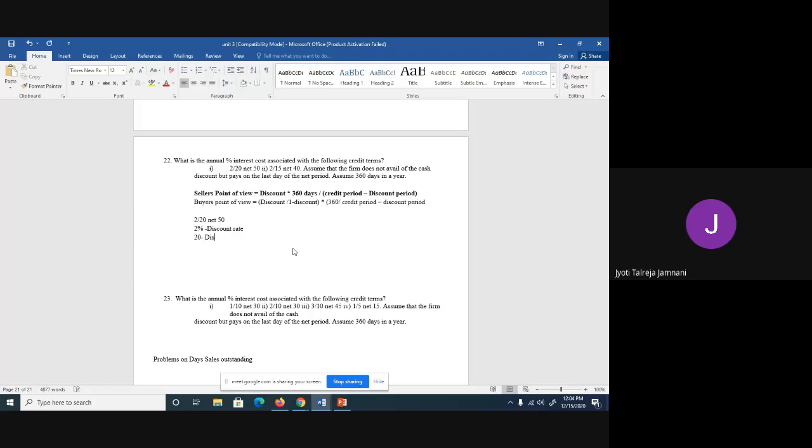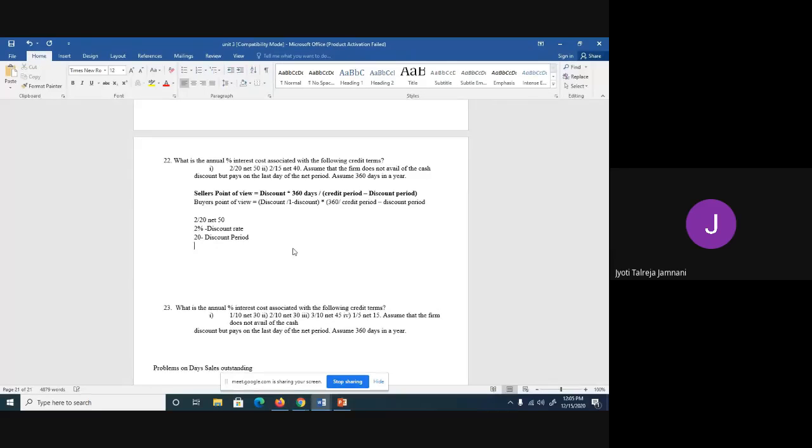If you want to get the discount, you have to pay in 20 days. And 50 is the credit period. If you don't want discount, you can take 50 days to pay the money.